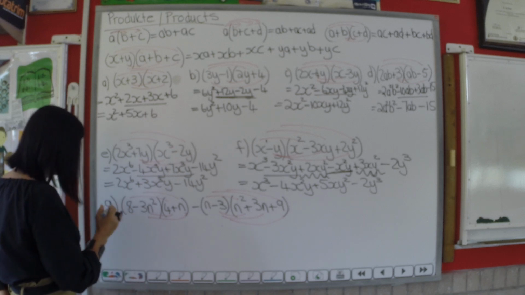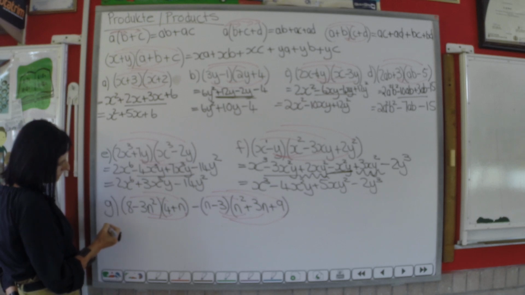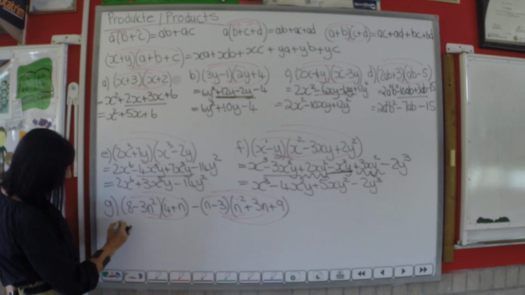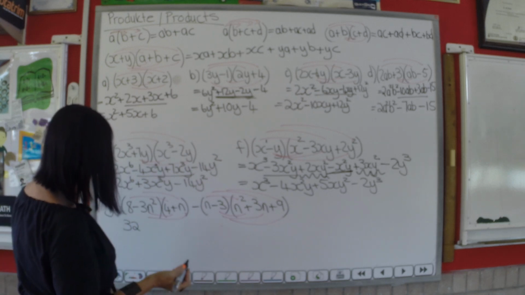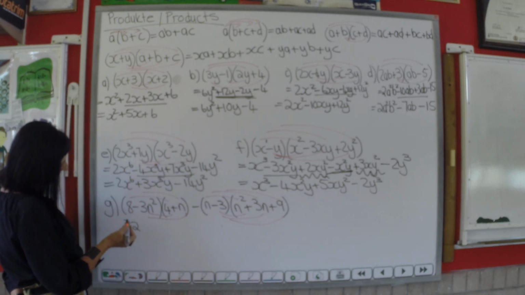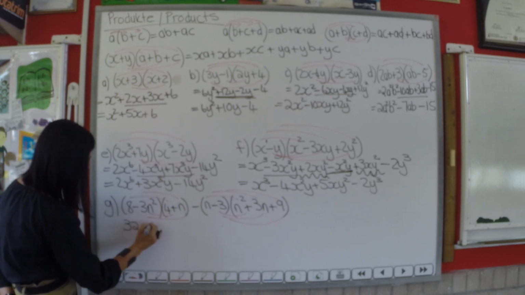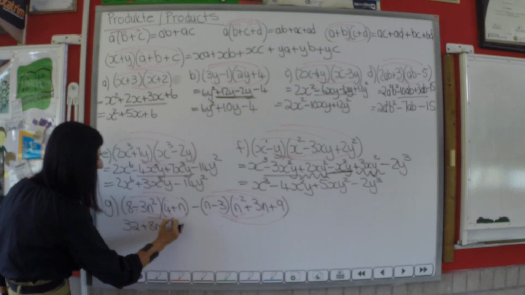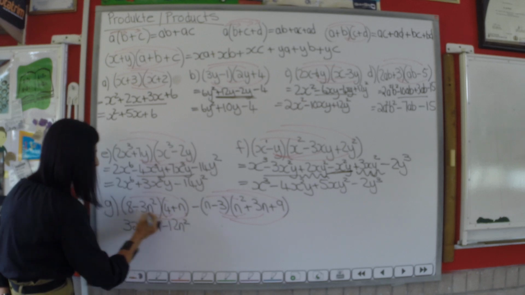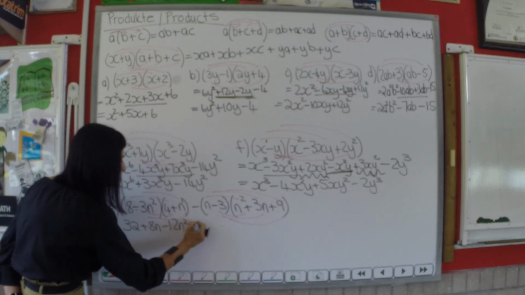Okay. Now we've got a big sum, the last one. So let's start here. 8 times 4 gives me 32. Okay, then 8 times plus n, plus 8n, minus 3n squared times 4 is minus 12n squared, and a minus times a plus is a minus 3n to the power 3.